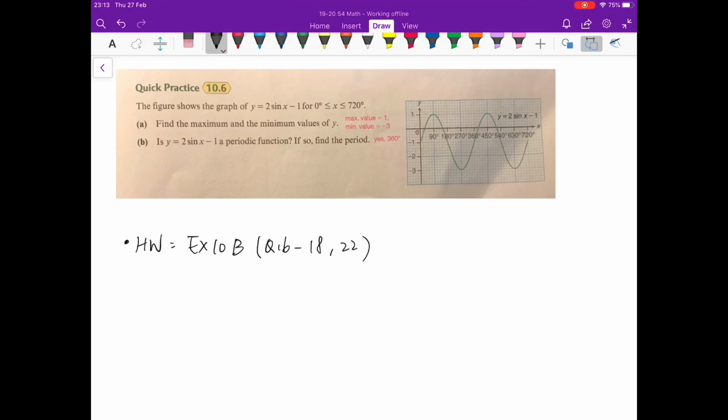And then if you want to do some more questions about the graph, you can do the extra, which is exercise 10B, questions 14 and 15. It is about the graph.